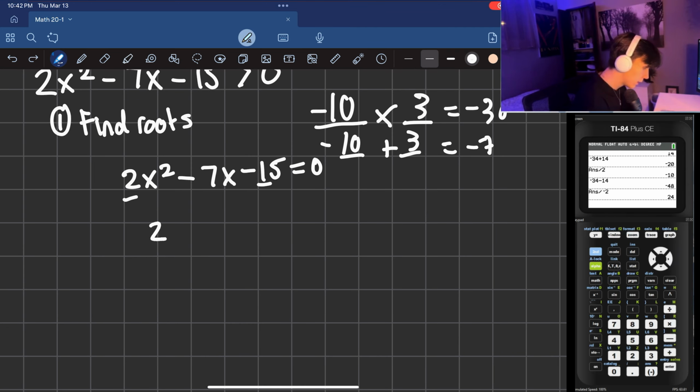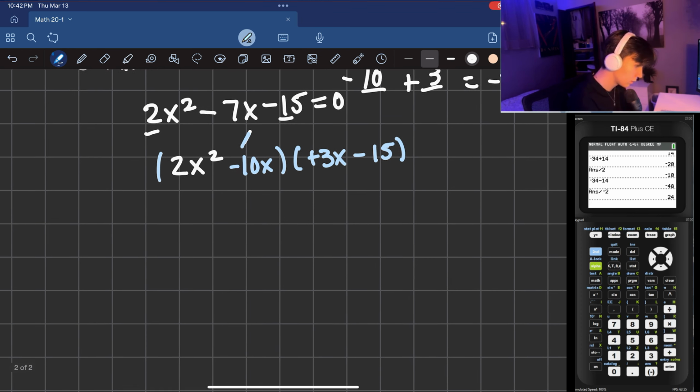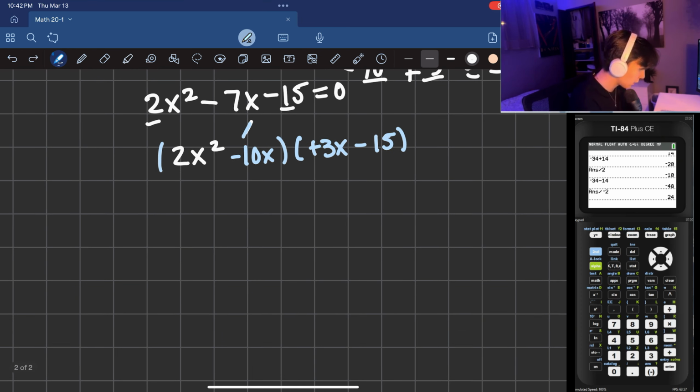So now we can break down our middle term. We're decomposing. So I'm going to put minus 10x in our first bracket, and we have our second bracket, which is going to be plus 3x minus 15. Now we can look at what's common in the first bracket.